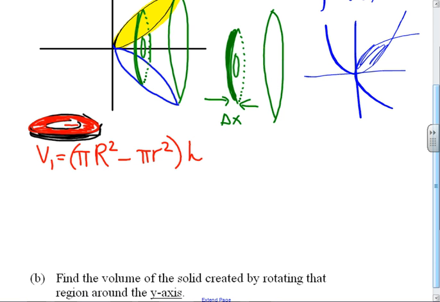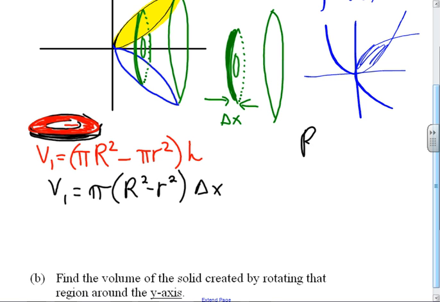The hard part is figuring out what the radius is. Can I factor the pi's? Yes. So it's capital R squared minus little r squared times h. What is my h here? My thickness. It's delta x.